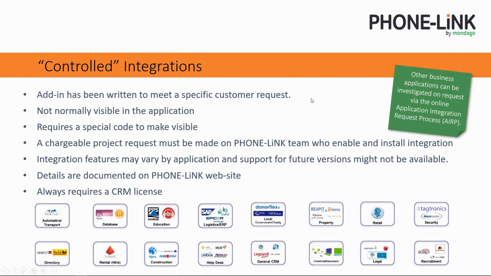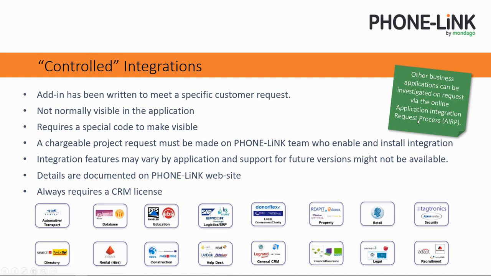If, having looked on the website, you cannot find a particular CRM or an application that your end customer uses, you can formally ask us to investigate whether or not it would be possible to add that CRM to the list of integrations.